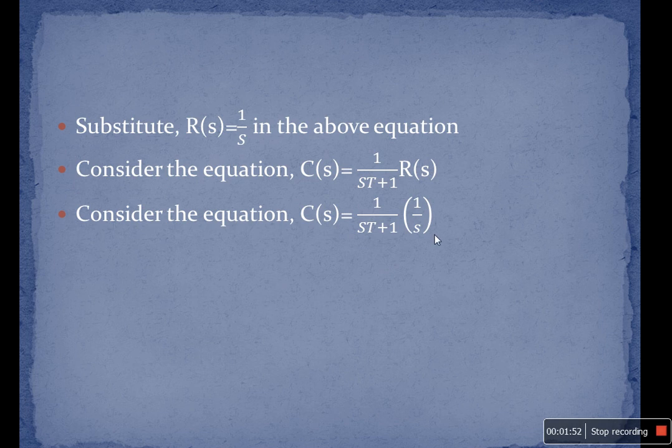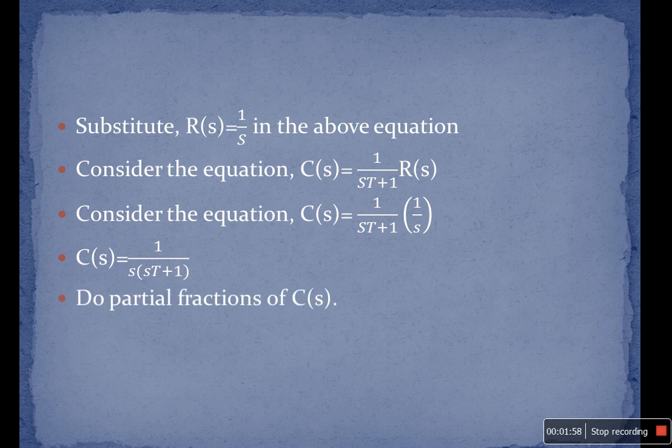That's why we are applying the inverse Laplace transform, and for that the partial fractions, because the direct inverse Laplace transform of this equation is not available. We have the inverse Laplace transform of 1 by s, that is 1, and of 1 by (s plus a), that is e power minus at. But we do not have the direct inverse Laplace transform of this type of function, so we go for the partial fractions.